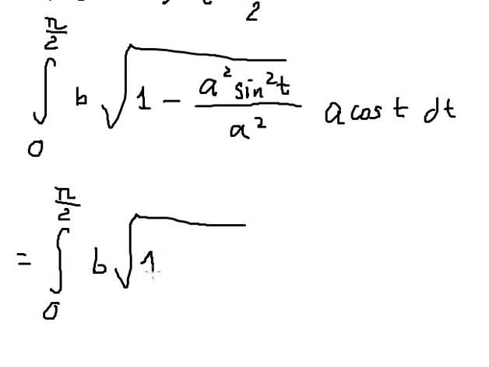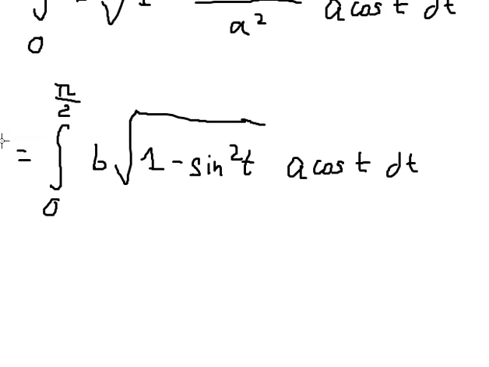So this one we have 1 minus sine t square. This one we keep the same. So a b we put outside.